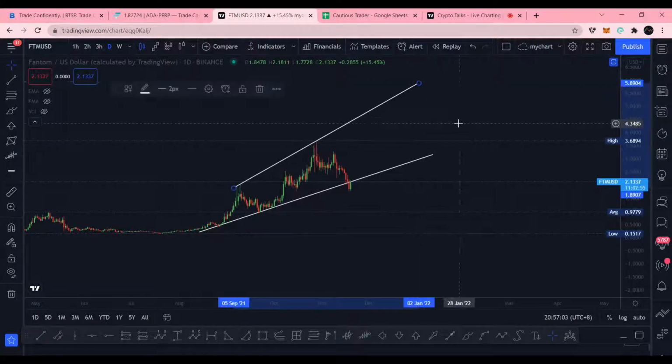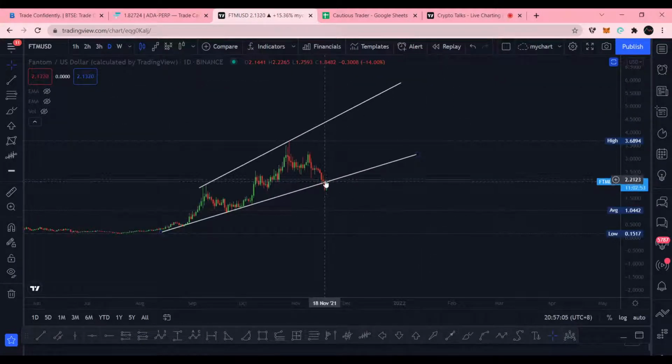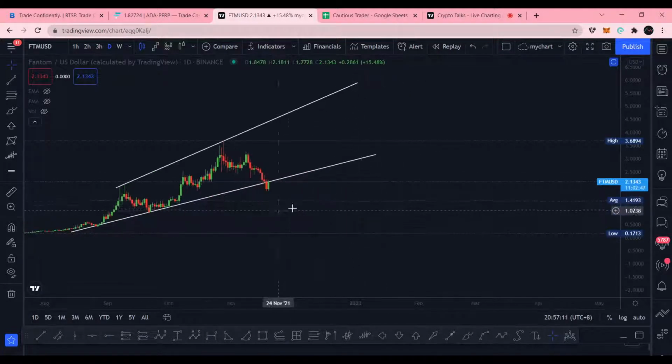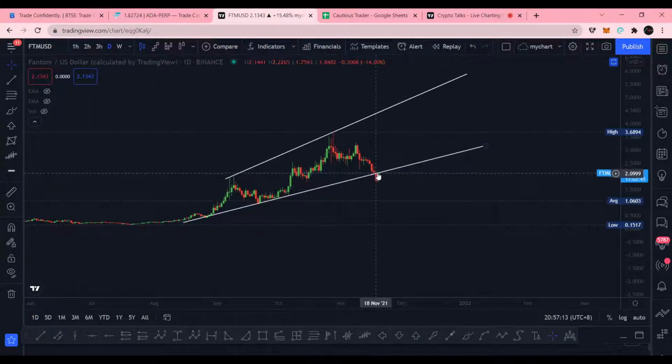But currently, since the price is approaching the resistance area, once it breaks this one, or at least holds above this trend line resistance, it will become our support area.